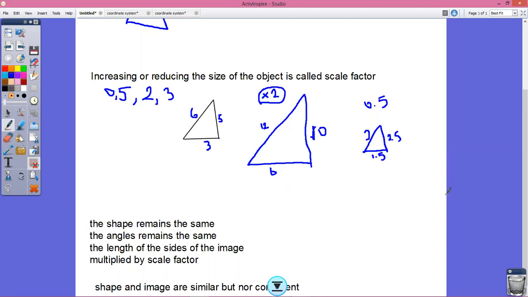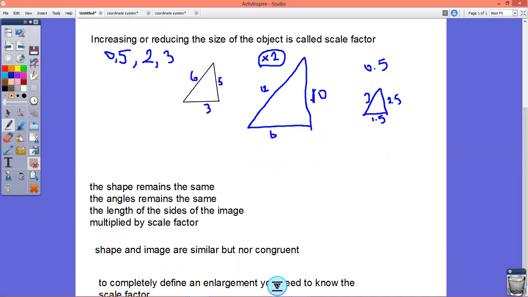Now we can say the shape and the image are similar but not congruent. They look like each other, but their sizes are different.